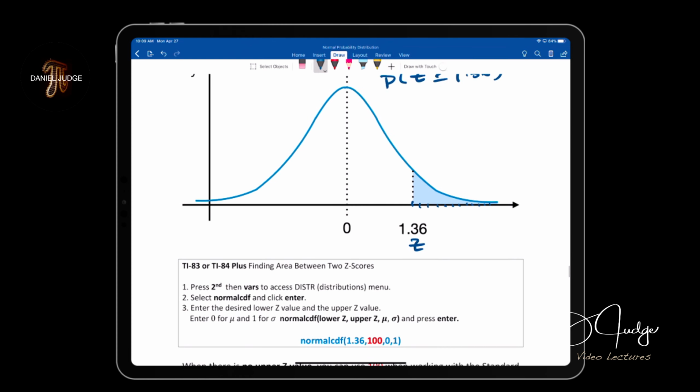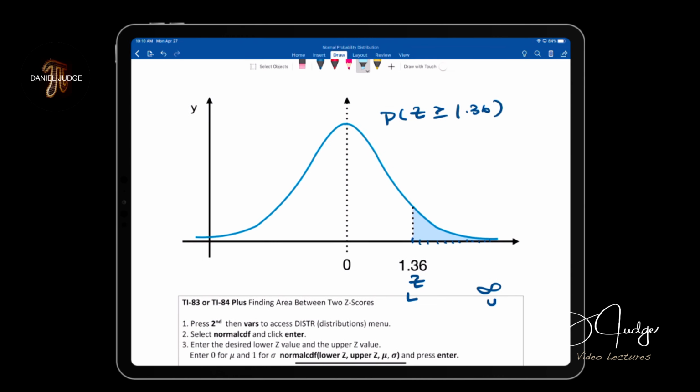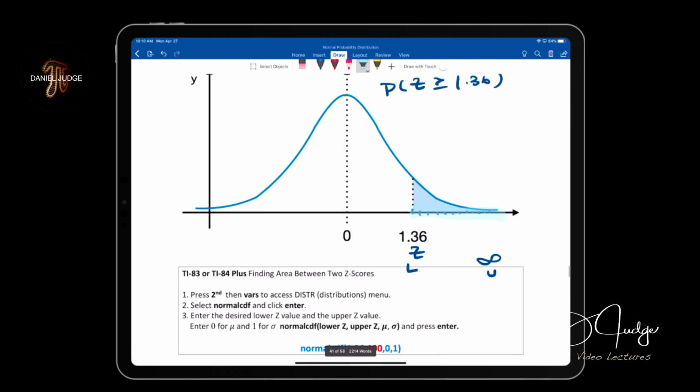So this is my lower value. And again, infinity and beyond is the upper value. This is describing this interval here: values that are greater than or equal to 1.36 forever. So in your TI, notice how I had to do this.